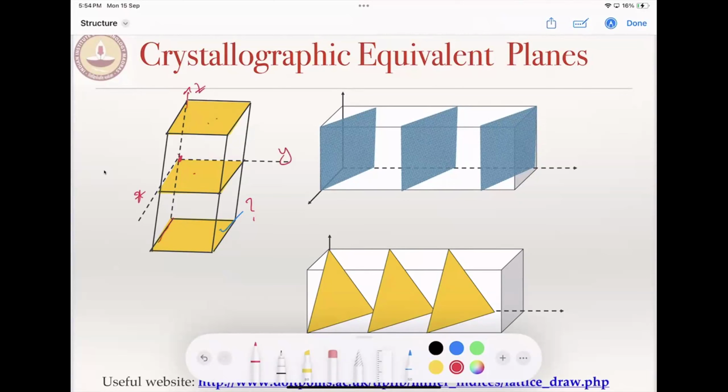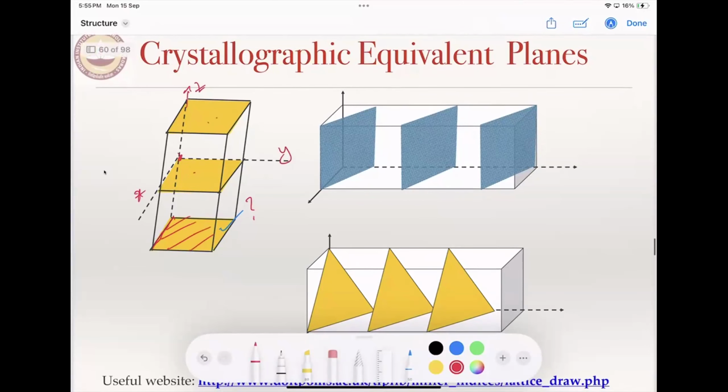Now I have to write the Miller indices for that plane. Where is it cutting the x-axis? It is parallel to the x-axis, so it is cutting at infinity. About the y-axis, again infinity. Z-axis is minus 1. So the reciprocals are 1 by infinity is 0, 0, 1 bar. So 0, 0, 1 bar.